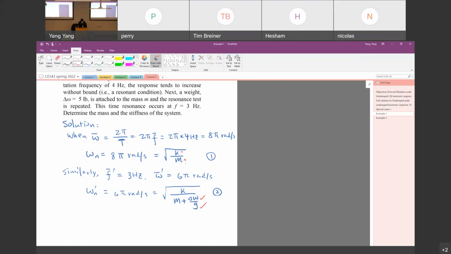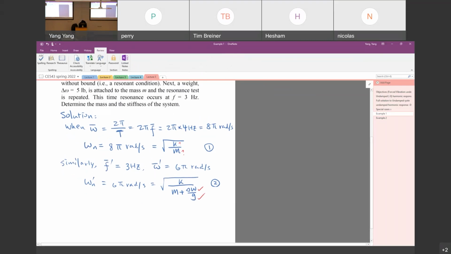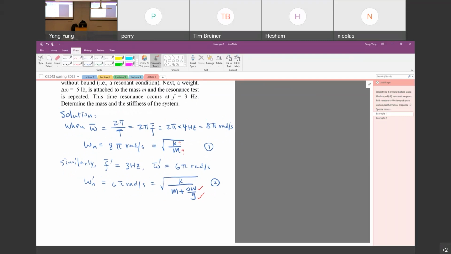Solving them should be very straightforward. So solving these 2 equations, we should be able to get the values for K and M.